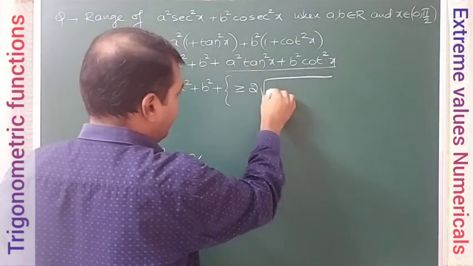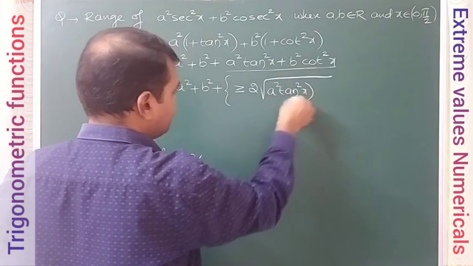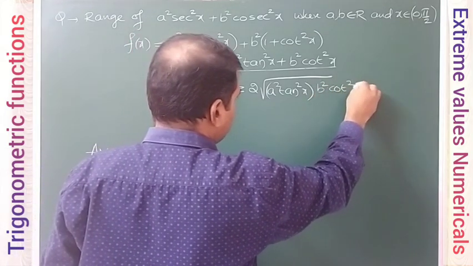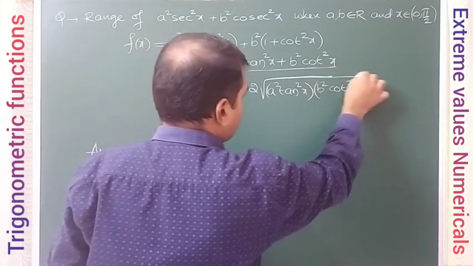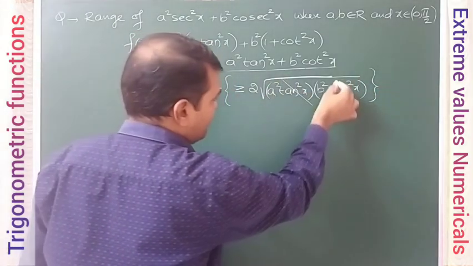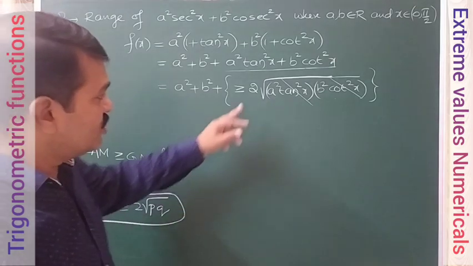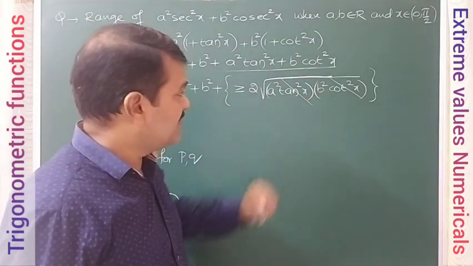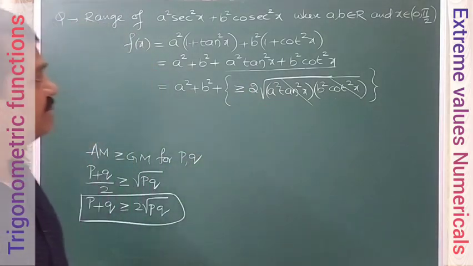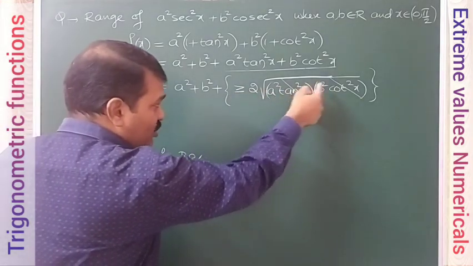So p into q means a square tan square x, this is p, and b square cot square x is q. When you simplify, tan square x, cot square x, they are reciprocal functions, so they cancel. So 2 into under root a square b square means 2ab. So greater than or equal to 2ab you will get.